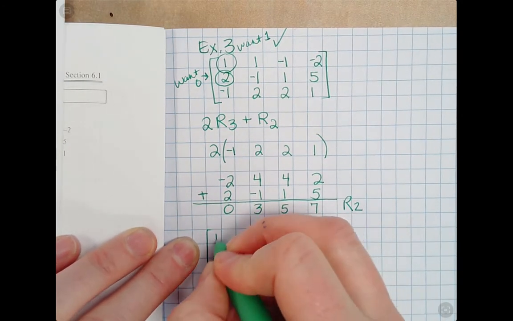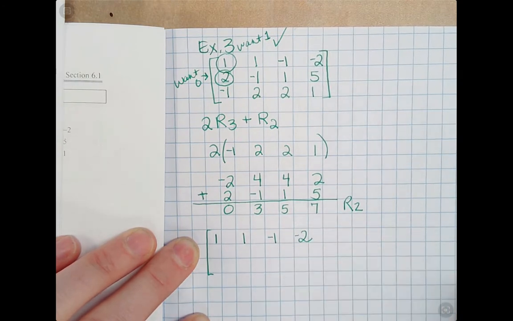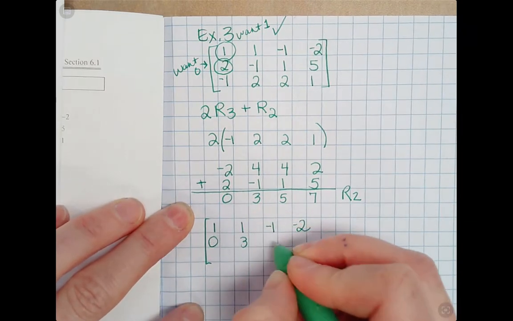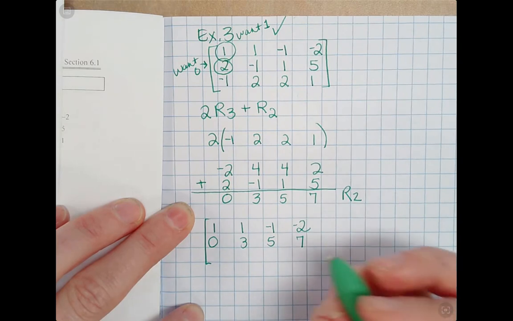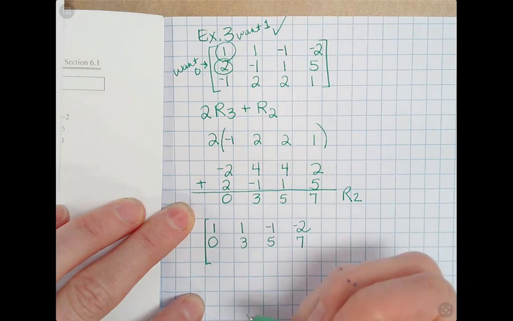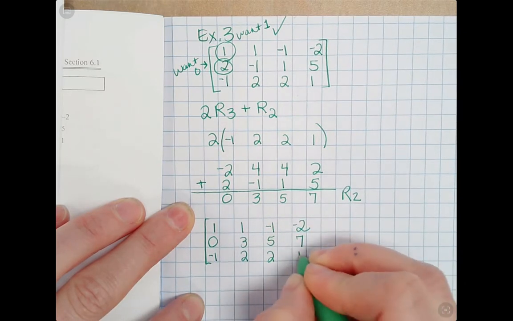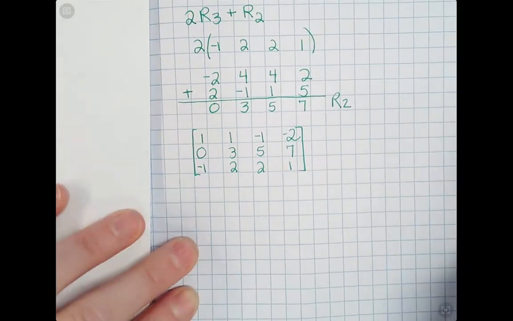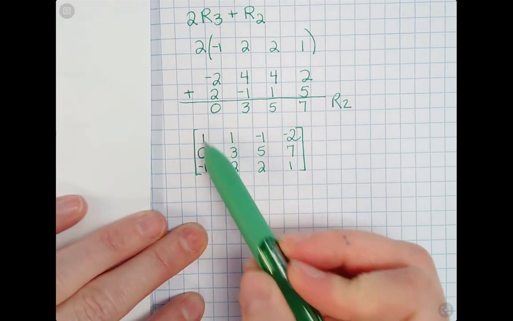So let's rewrite it. Row 1 is the same. It hasn't changed. Row 2 is the one that we just found that has a 0 first. And then row 3 is the exact same. Okay, so we've gotten the 1, we got the 0.